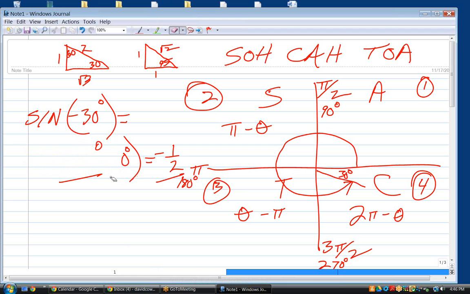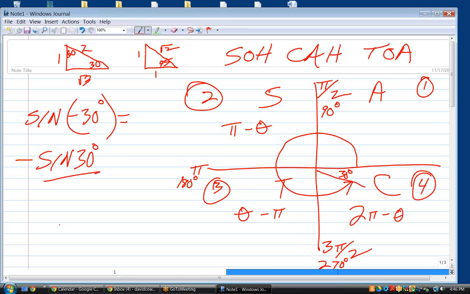Okay? Let's do it the faster way, which is to see that we know sine is an odd function. So the sine of minus 30 is the same as minus sine of 30. Well, I know what sine of 30 is. That's positive 1/2. Bingo. I'm done.